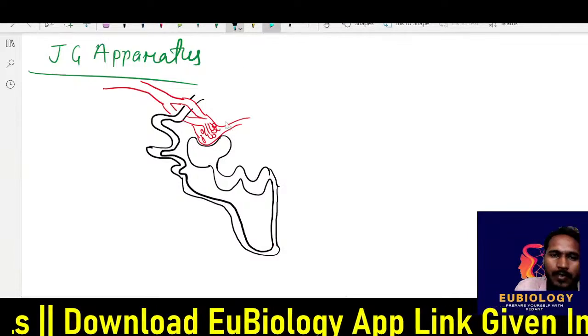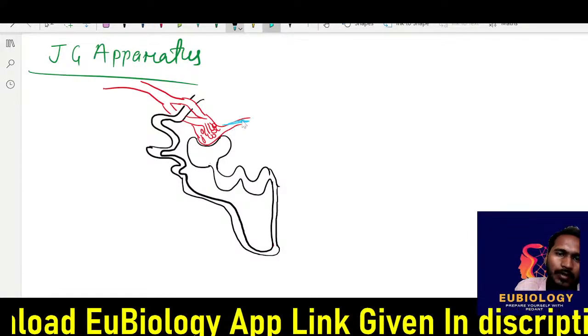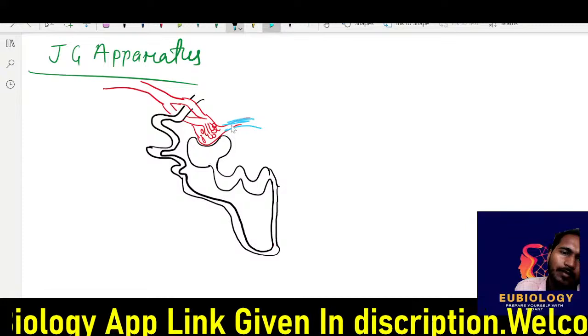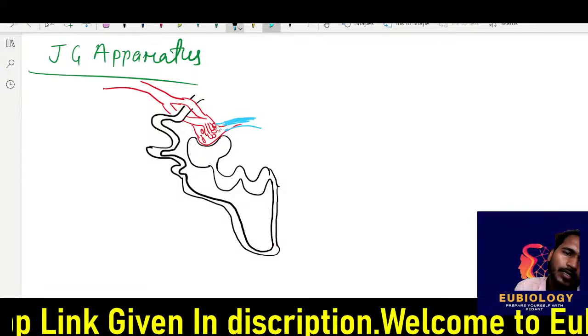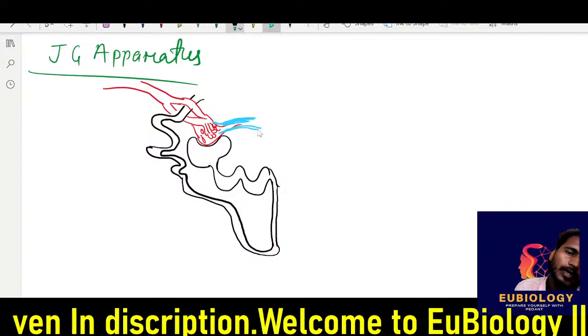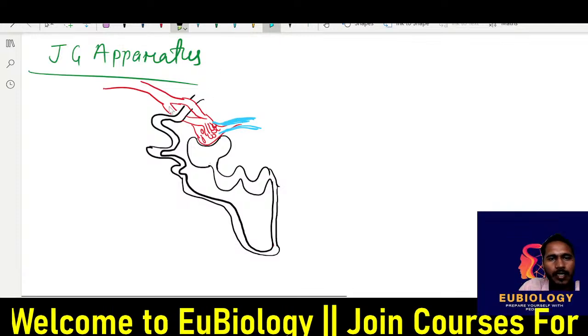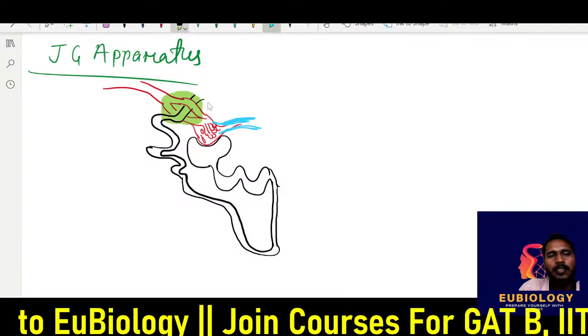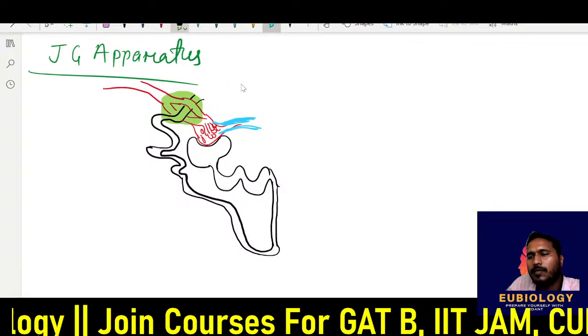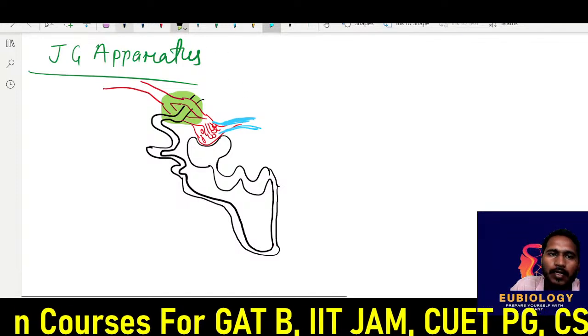So this is called the juxtaglomerular apparatus. This is the efferent, I am making it with blue color. That blue line is the efferent arteriole. The region you're seeing here, the shaded portion, is called the juxtaglomerular apparatus, the JG apparatus.